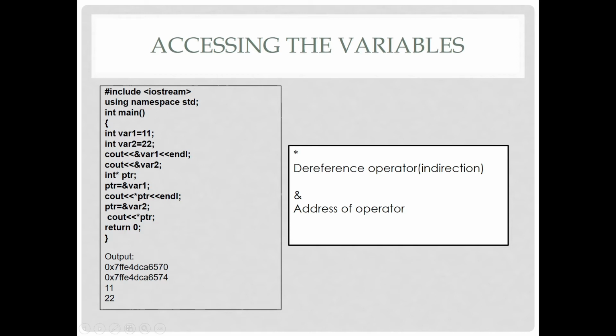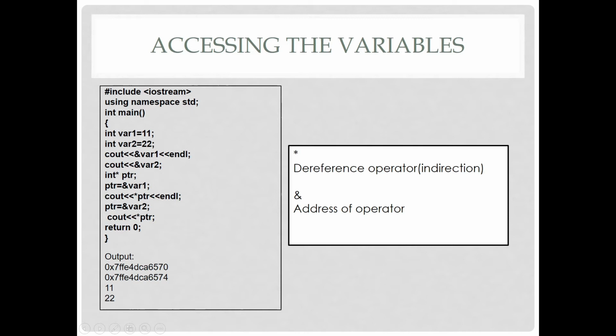Here, cout and ampersand var1 will display the address location of var1. In the next line, cout and ampersand var2 gives you the address of var2.